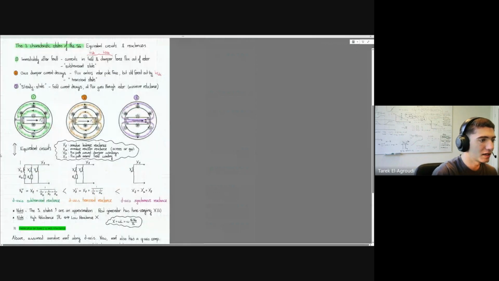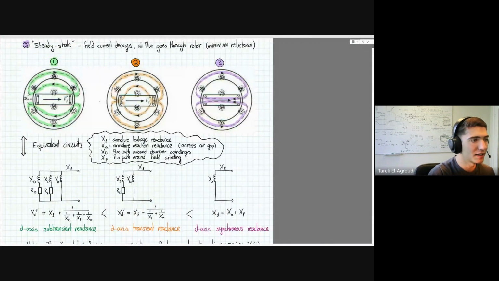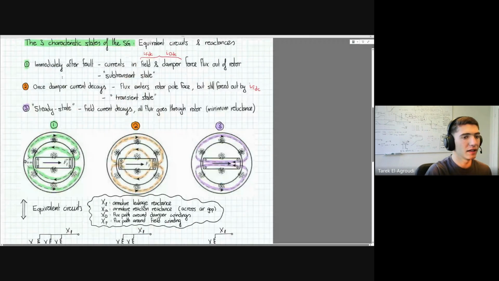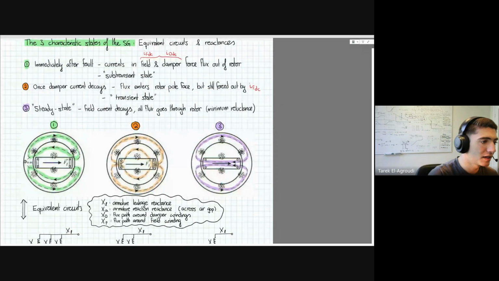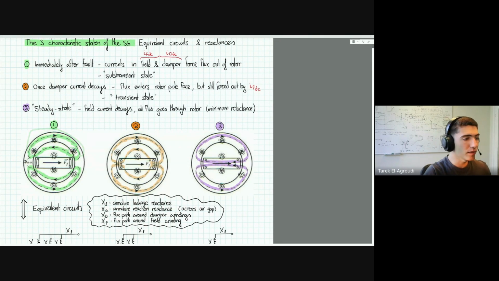So if we now consider a 3-phase short circuit, immediately after the fault, there will of course be a flux going through the rotor, and suddenly this flux will be induced in the stator coils to maintain a constant flux.